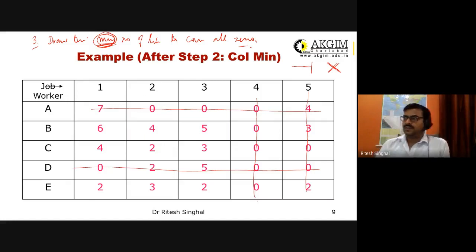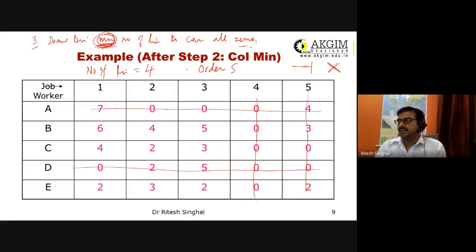Here the word minimum is important because some students make the mistake of drawing all 5 lines parallel, vertically or horizontally, but we need to take care of this particular word minimum here. So the number of lines required to cover all zeros is 4, and the matrix order is 5, which is more than this.